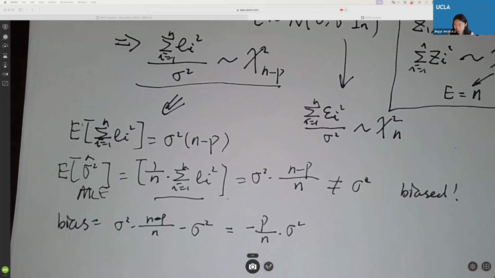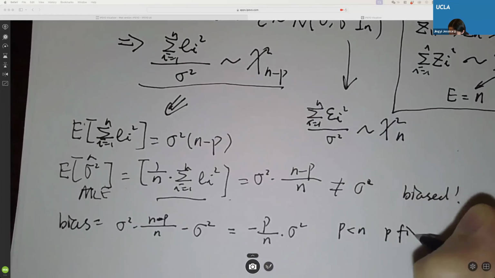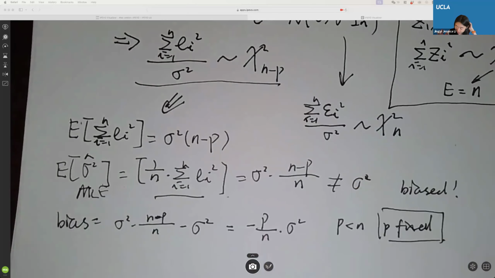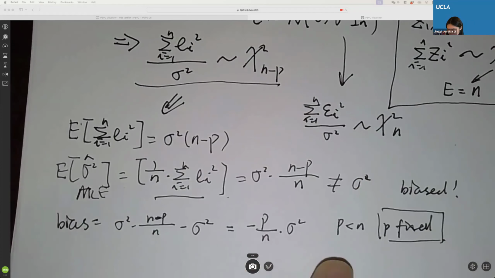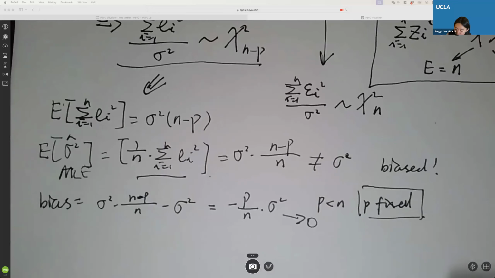So in the classical setting, again, this is important, we are considering p to be less than n, p fixed. So we have predefined our predictors, and the predictor number will not increase as our sample size increases. So in this case, you can see that p is fixed, only n increases. This will go down to 0 as n increases.